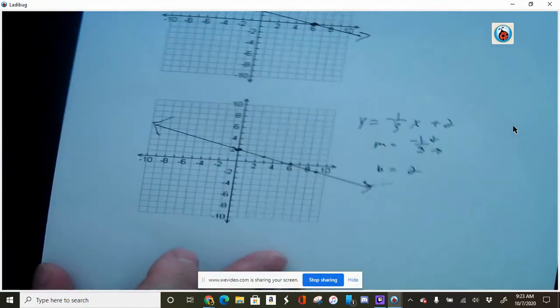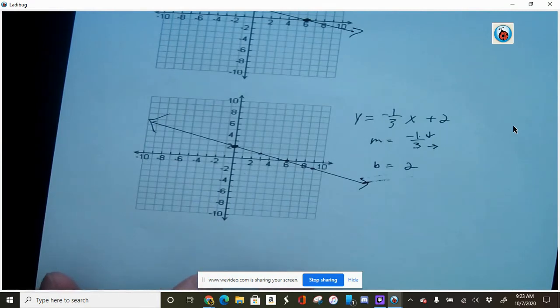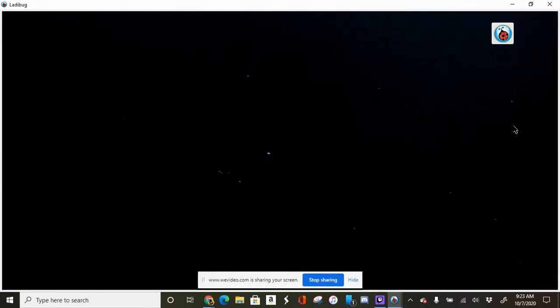Okay, so that is how we graph from standard form. One thing I will do is go through an example of a problem where we do not want to use the intercepts.